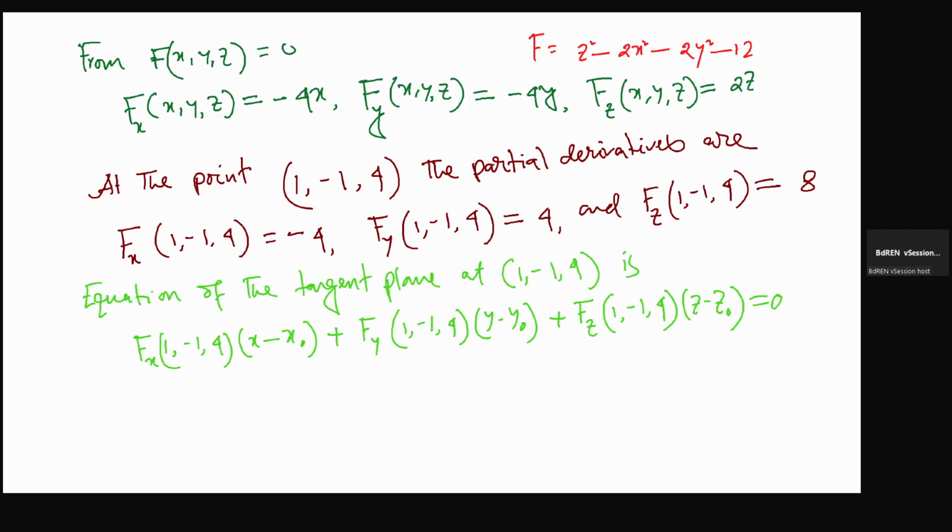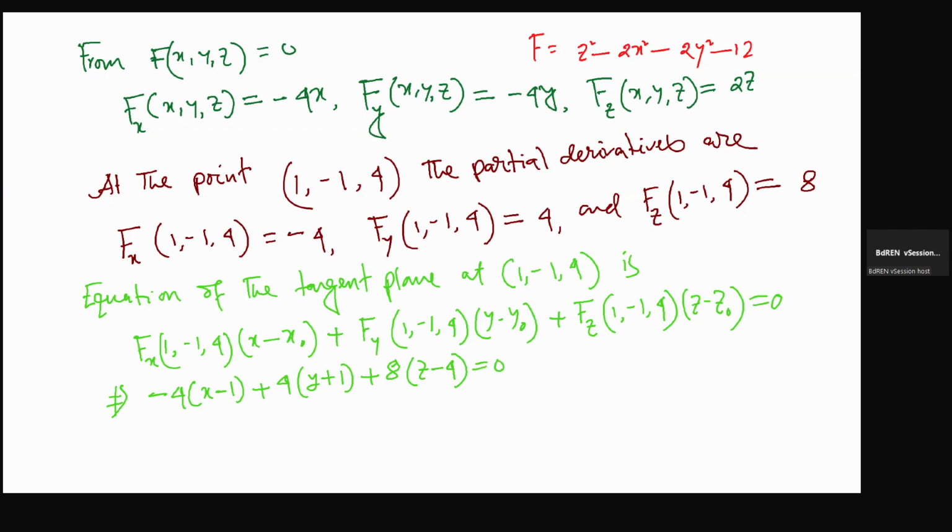Now plug in the values. f_x was minus 4, and x naught is 1, so (x minus 1). f_y was 4, and y naught is minus 1, so it should be (y plus 1). f_z was 8 and z naught was 4.